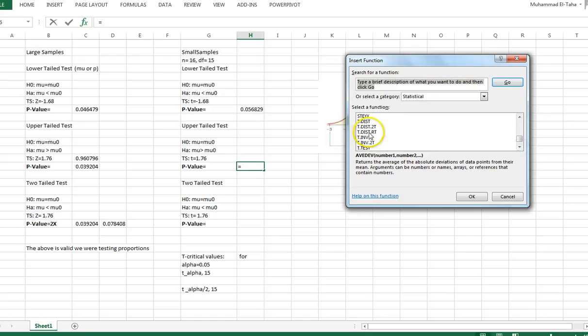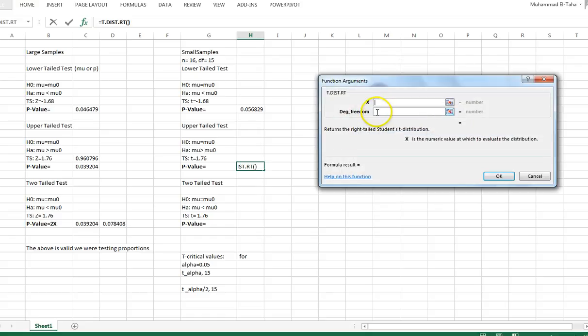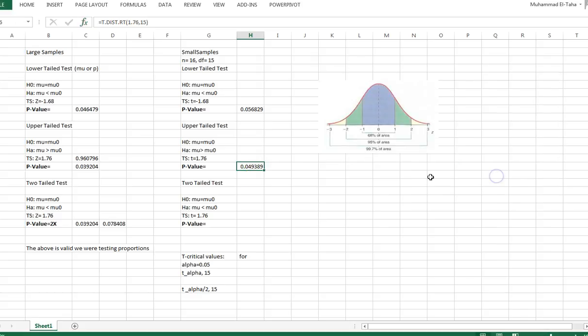It's T.DIST.RT, the right tail distribution. In this case x is 1.76, so I don't need to put the negative value, and degrees of freedom are 15, and I don't need to take 1 minus. It just gives me the value immediately.